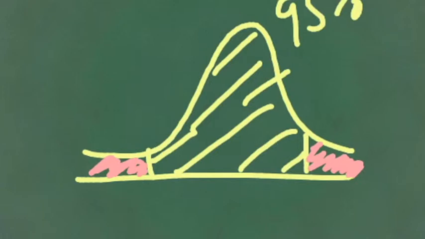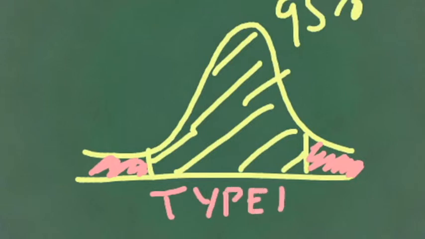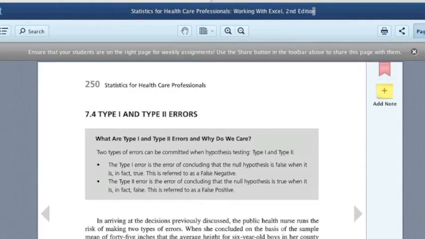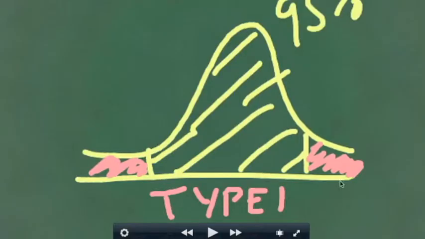So that is what leads to a type 1 error, where the null hypothesis is actually true, but we reject it because it falls in the range that's shown here.